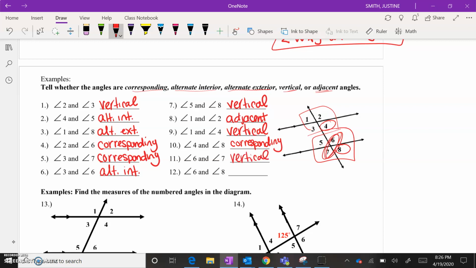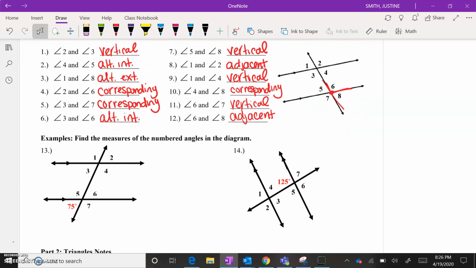And angle 6 and angle 8, again, share that common vertex and the common side here, so these would be adjacent. Okay, so if you did that on your own and you're checking, hopefully you got those answers or you corrected anything that you didn't have here.